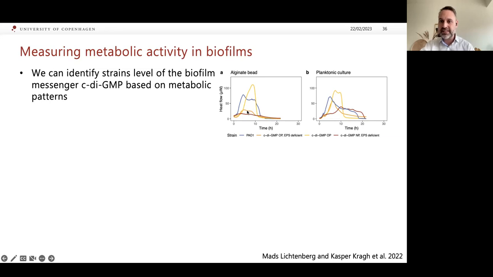And then down here, this is a super producer that's just not producing anything. And the difference between these two is all the matrix components. And this really gave us the understanding that when you're in a biofilm, yeah, you might not be growing very fast, you're not dividing very fast, but you're using a lot of energy to be a biofilm. It's really expensive in energy to be a biofilm, but it might be worth it because you're protected against all this nasty stuff we're throwing at them.